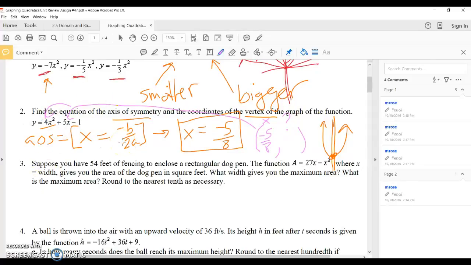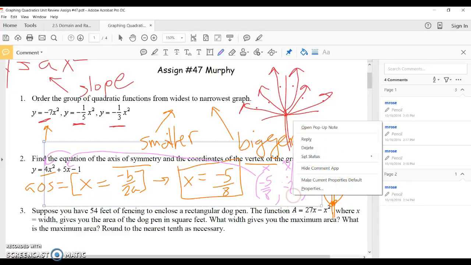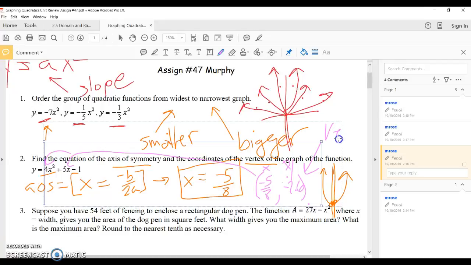Because I don't really want to spend the time to do that, I'm going to grab a calculator and tell you what that is. Oh, you get somewhere around -2.6 if you do that. So you take that, you plug it in. After you plug everything in, you get that y value. And so you get -5/8 comma -2.6. And this would be your vertex right here.